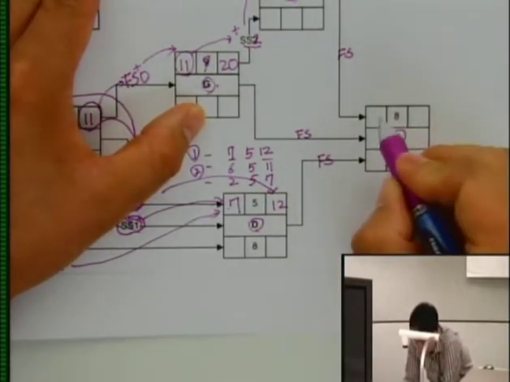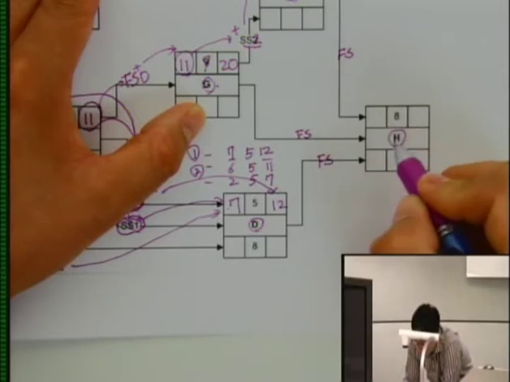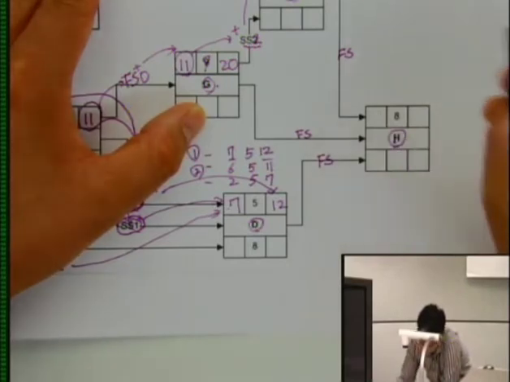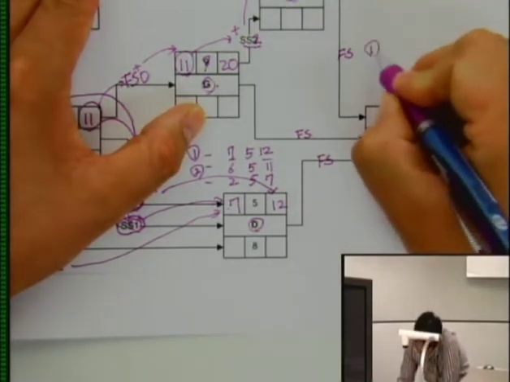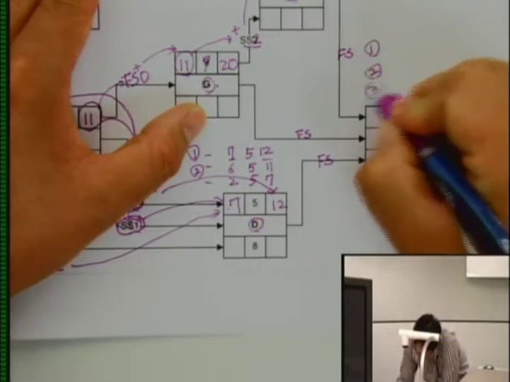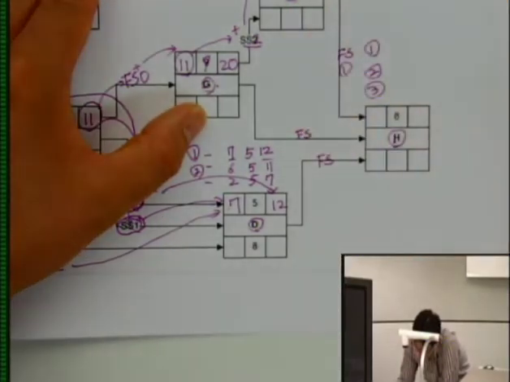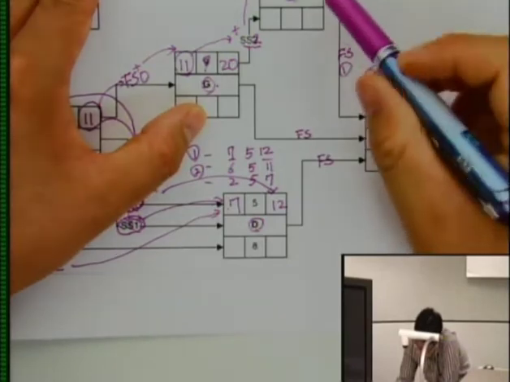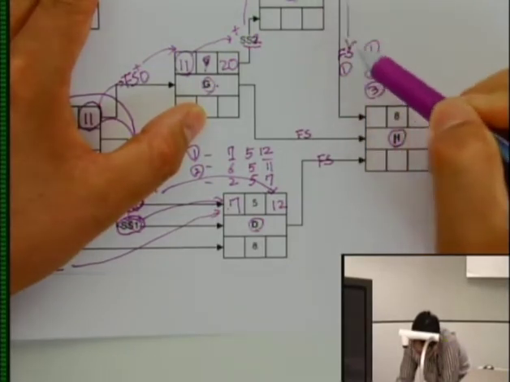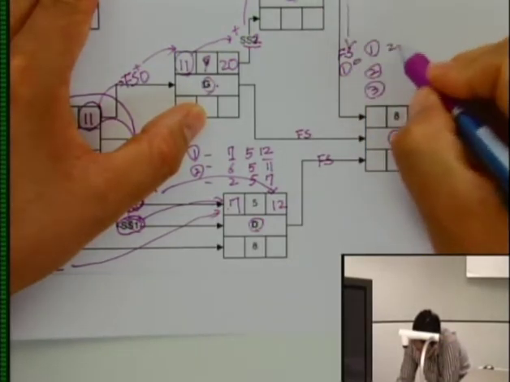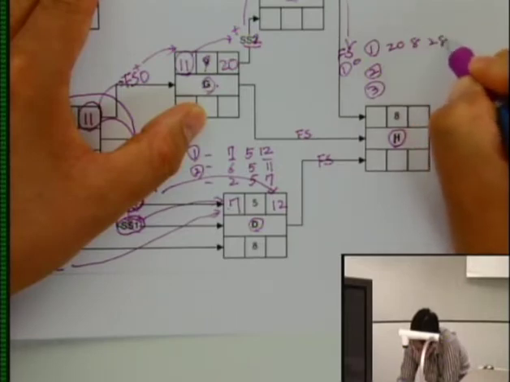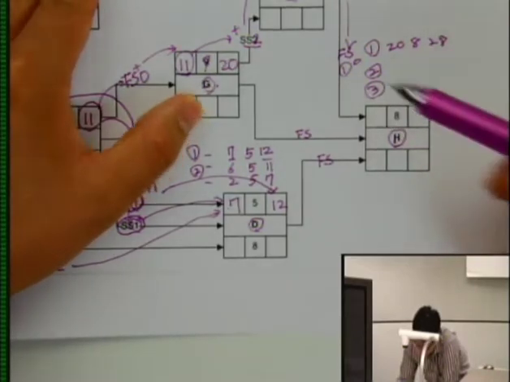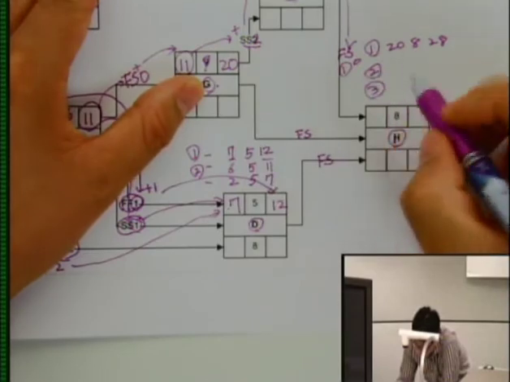So how can you figure out what the early start day of activity H is going to be? Option number 1, 2, 3. Option number 1 will be activity E, which is finish to start. So 20 plus 0 becomes 28, 28. Option number 2 will be activity G. That will be 20.